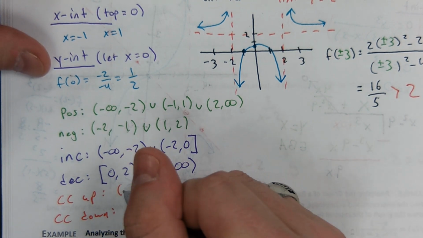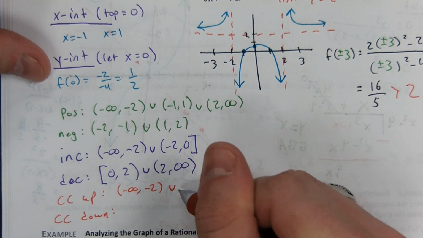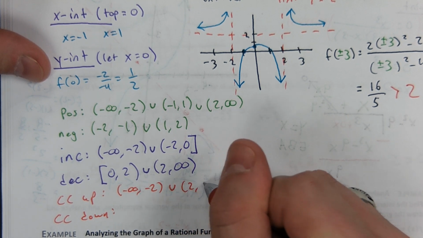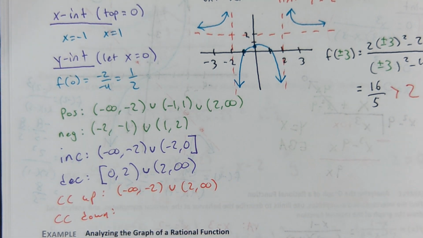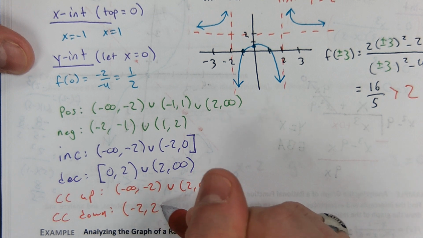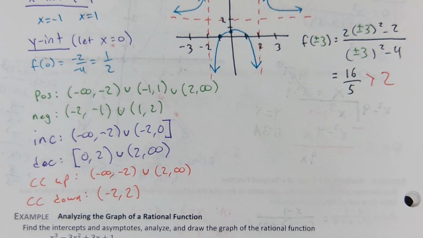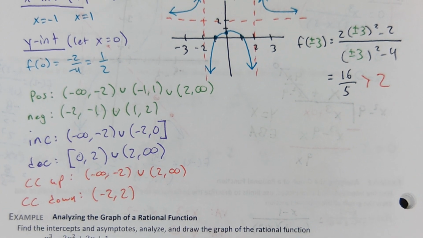So from negative infinity to negative 2, and also from 2 to infinity, but the bar bends downwards from the horizontal between my asymptotes. Positive, negative, increasing, decreasing, concave up, concave down, boundedness, symmetry. That's pretty much the full McGillicuddy.